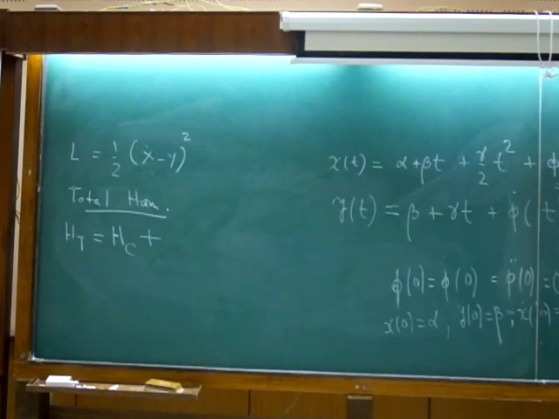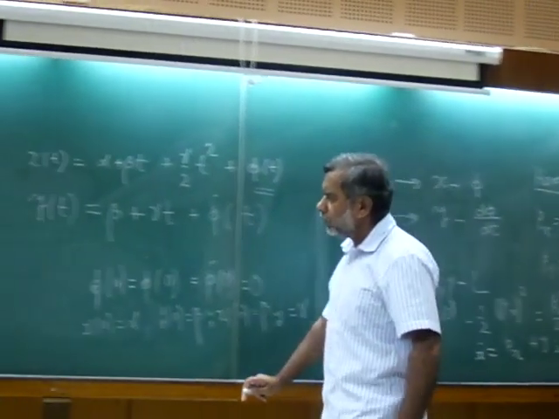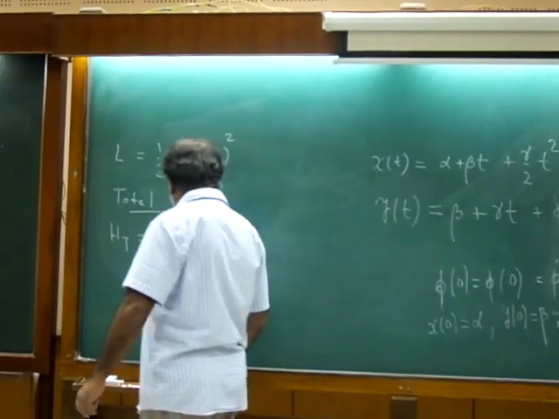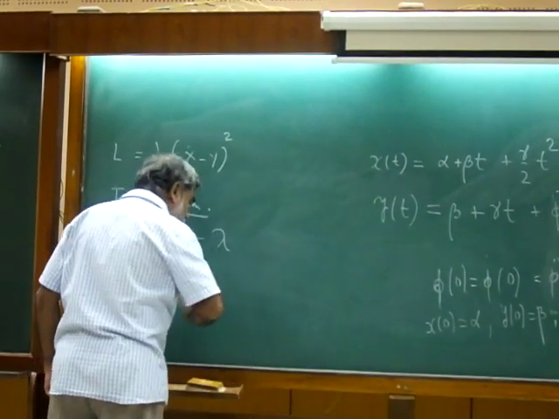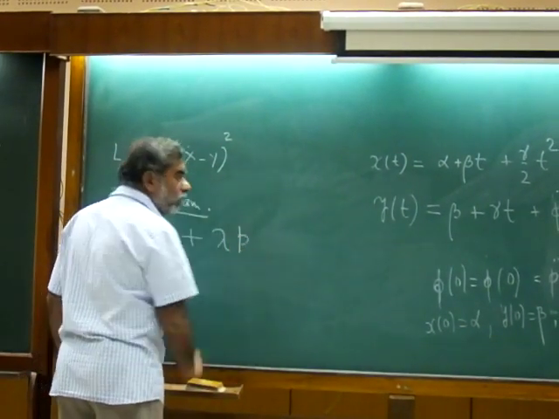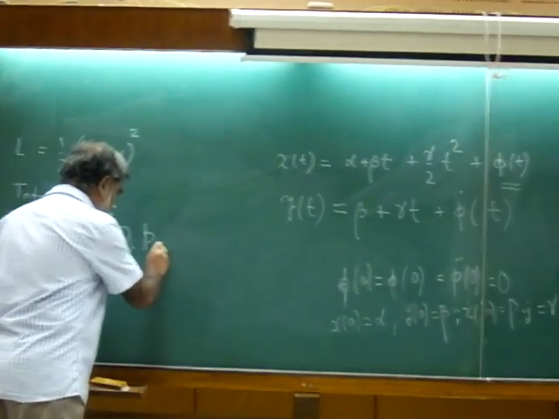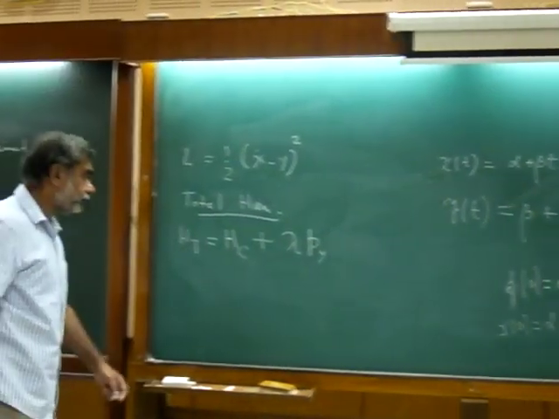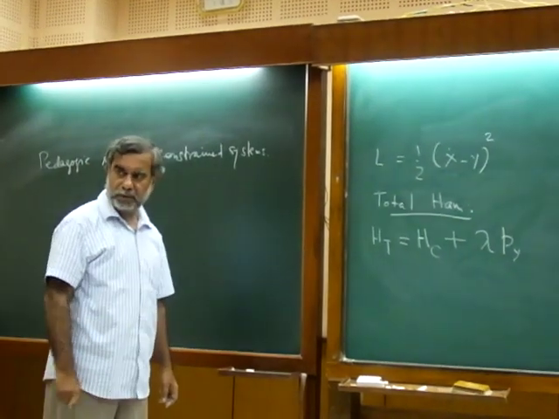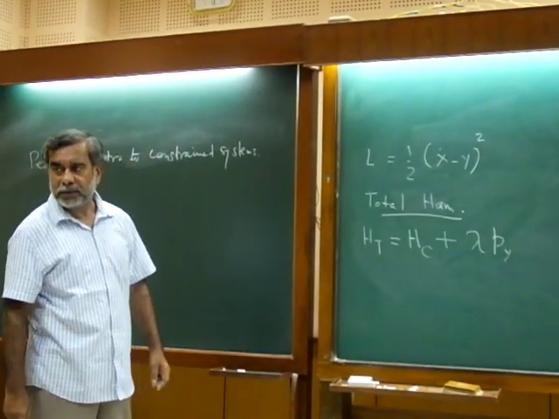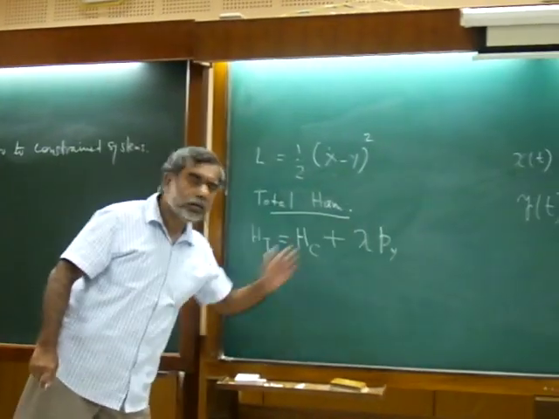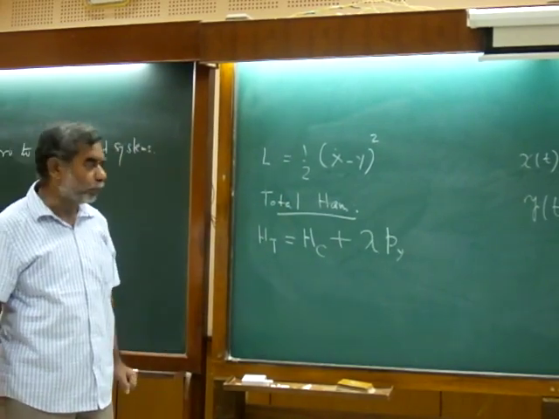This is the constraint. So he introduces a Lagrange multiplier and puts in the constraint, which is P1. Here there was only one constraint, so only one thing has been put.